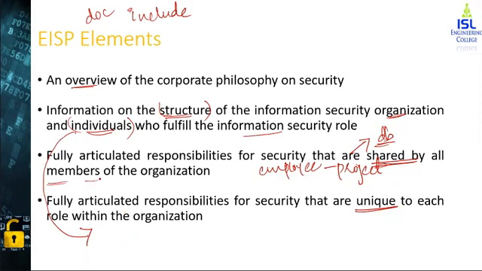The members of the organization here, as I told you, are for example employees, but can also be partners or visitors. Whereas within the organization, you're going to have those specific individuals that are there for fulfilling the security role.